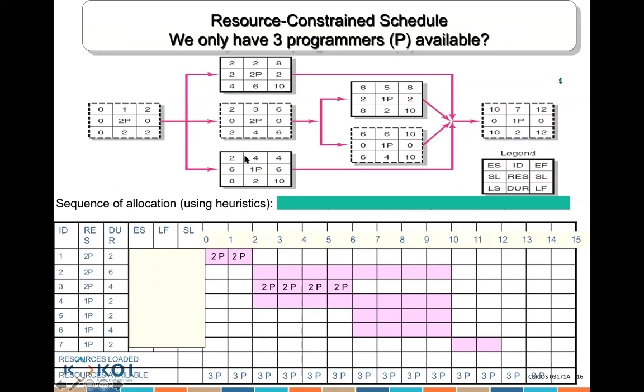Let me ask you, how many people do I need for activity 4? 1 person. For how many days? For 2 days. I need it for 2 days, and I need 1 person per day.